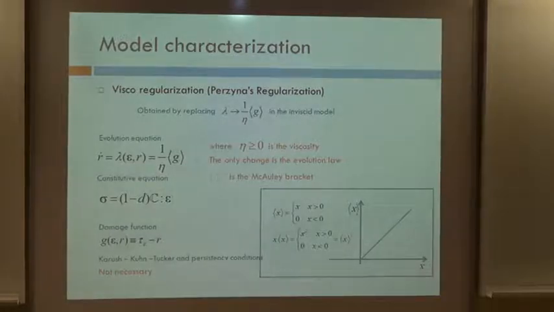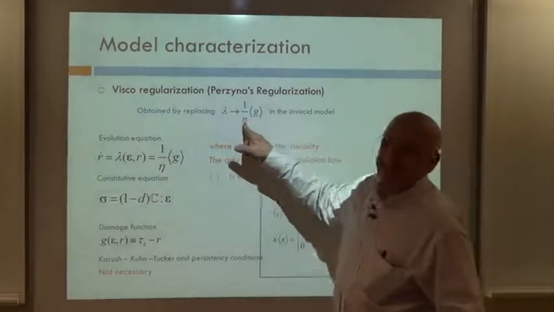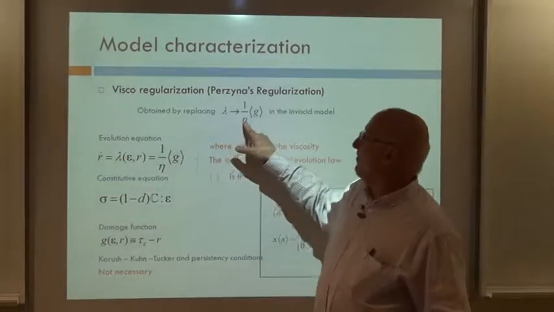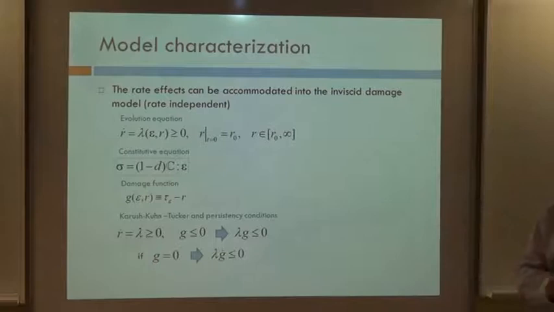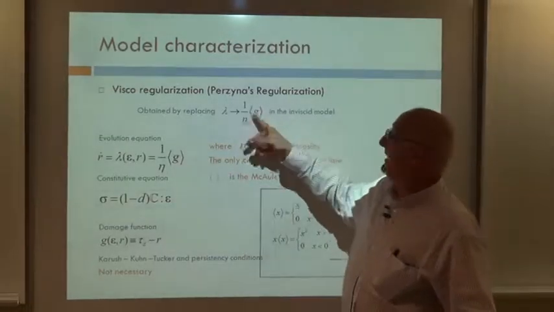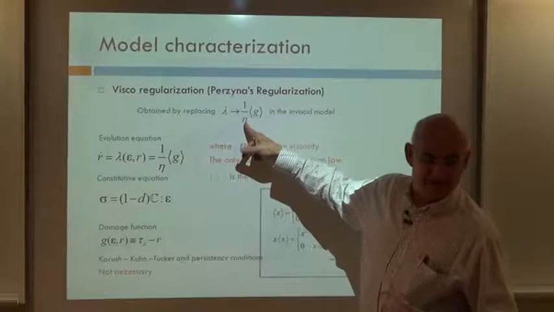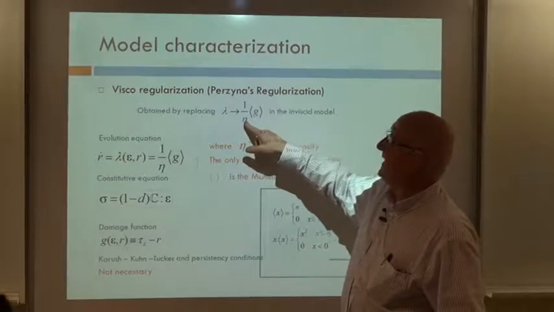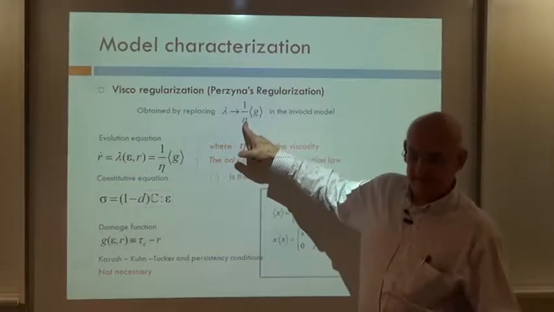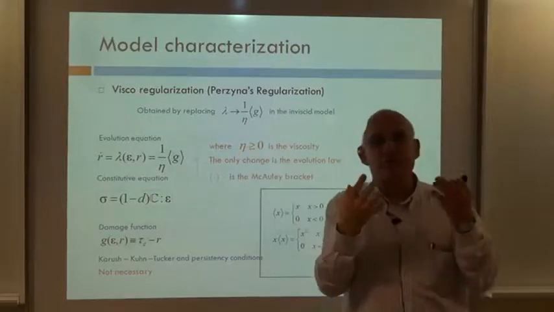So the point is, how much does this change what we saw so far, the algorithm that we have seen? Look, there is something that is very curious. When eta tends to 0, we recover the Karush-Kuhn-Tucker conditions, which is not trivial, but now we'll prove it. So that's a model that approaches, the smaller the viscosity is, the more we approach the inviscid case, which is consistent with the name.